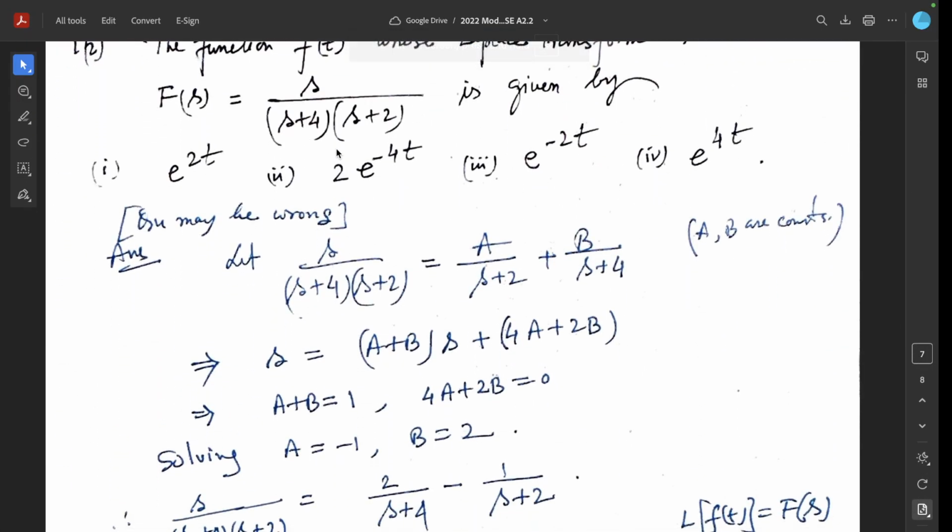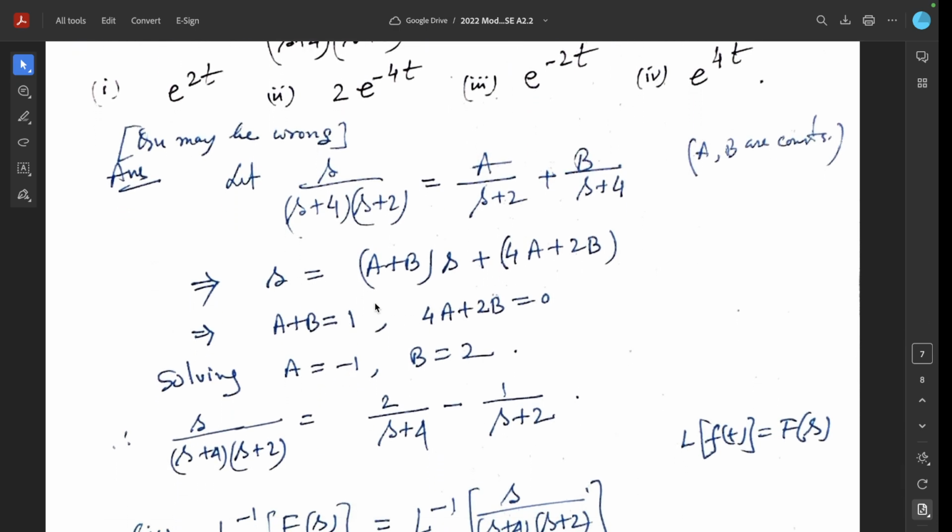Let s by (s plus 4)(s plus 2) equal to, breaking up into partial fractions, capital A by (s plus 2) plus capital B by (s plus 4), where A and B are constants to be determined. So s equal to (A plus B) s plus 4A plus 2B.